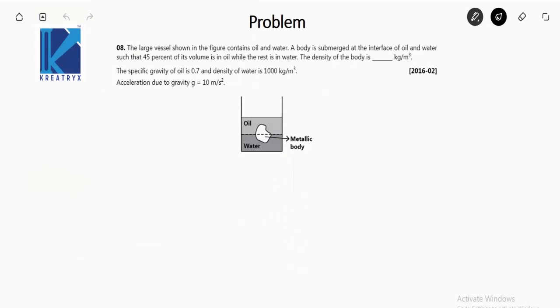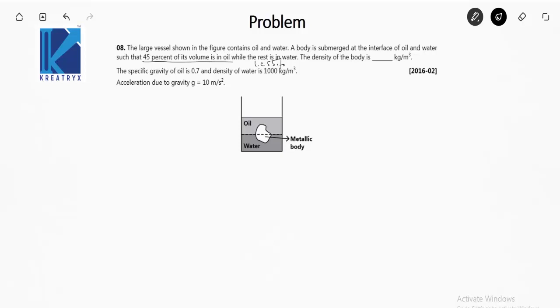The large vessel shown in the figure contains oil and water. A body is submerged at the interface of oil and water such that 45% of its volume is in oil, while the rest, that is 55%, is in water. The specific gravity is given, density of water is given, all the data is given.